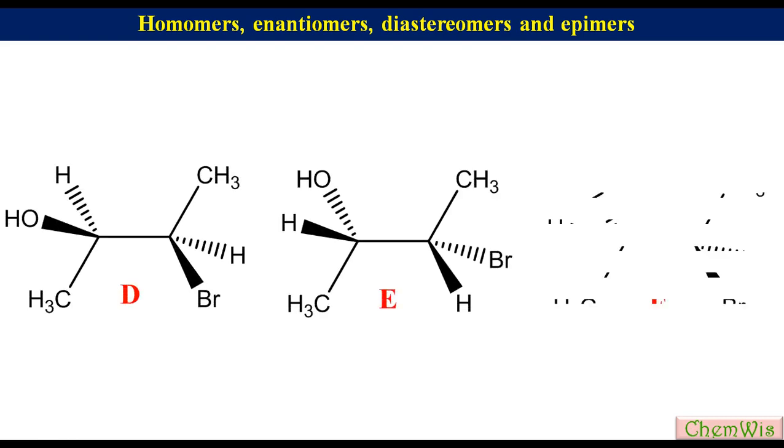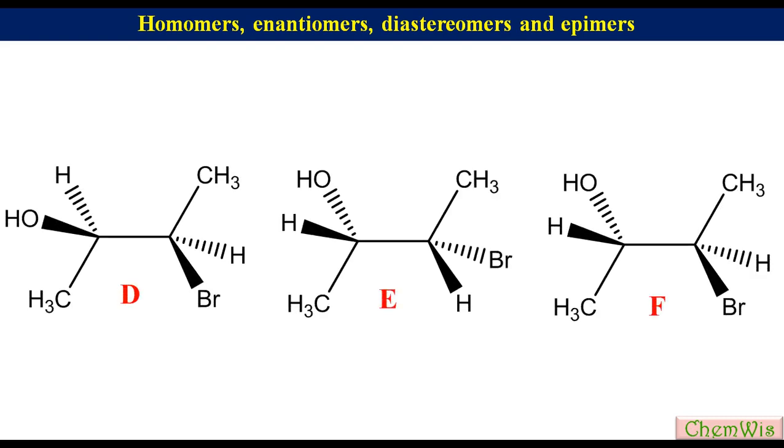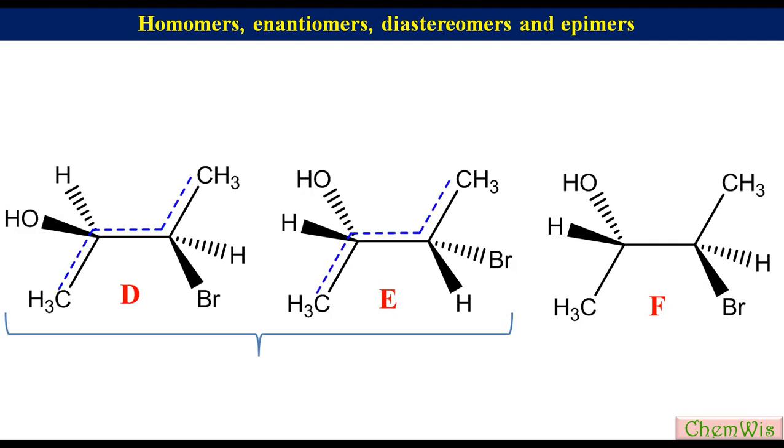Let's have structure D, E and F with two chiral centers. If we compare D and E, parent chain has the same orientation in both D and E. In D, on the left chiral center, OH is on solid wedge and H on hatched wedge. In E, OH is on hatched wedge and H is on solid wedge, suggesting an opposite configuration.